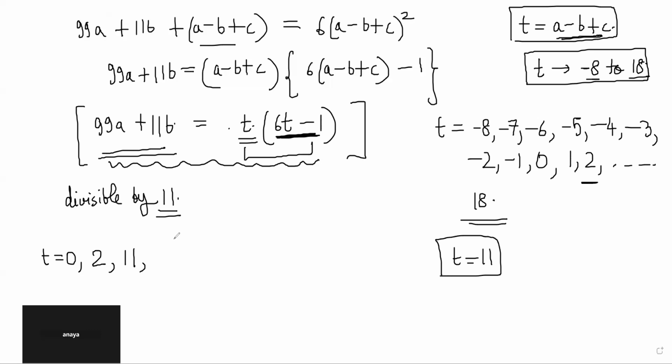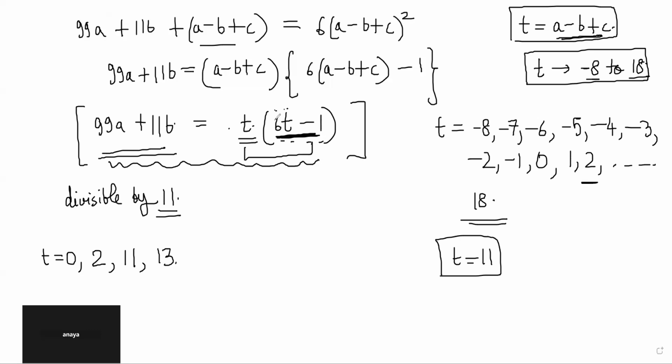So 0, 2, 11, and what else will work? 12 won't work: 12 into 72 minus 1 won't work. 13, if you do 13 into 6, 78 minus 1, 77. 77 is divisible by 11. So 13 will work. You have to check till 18 if there is anything else that works.